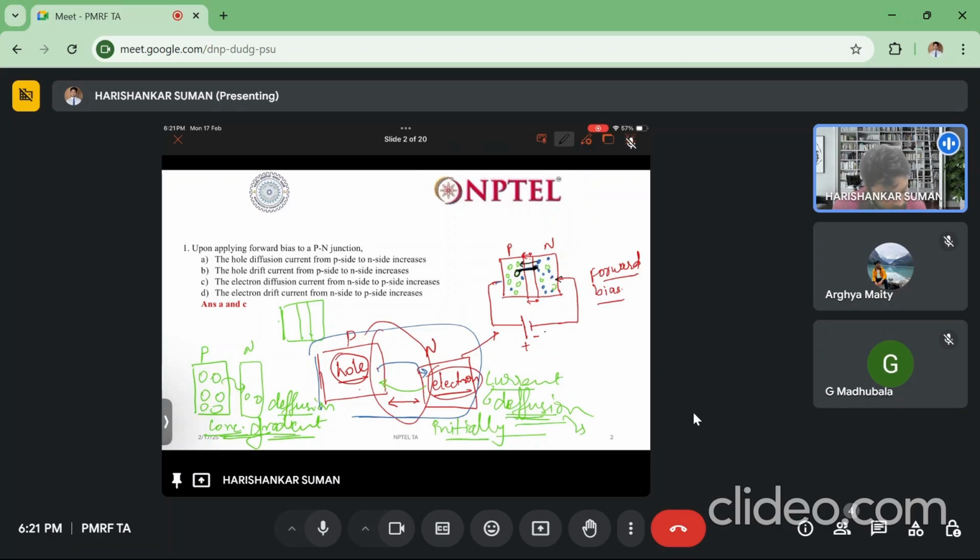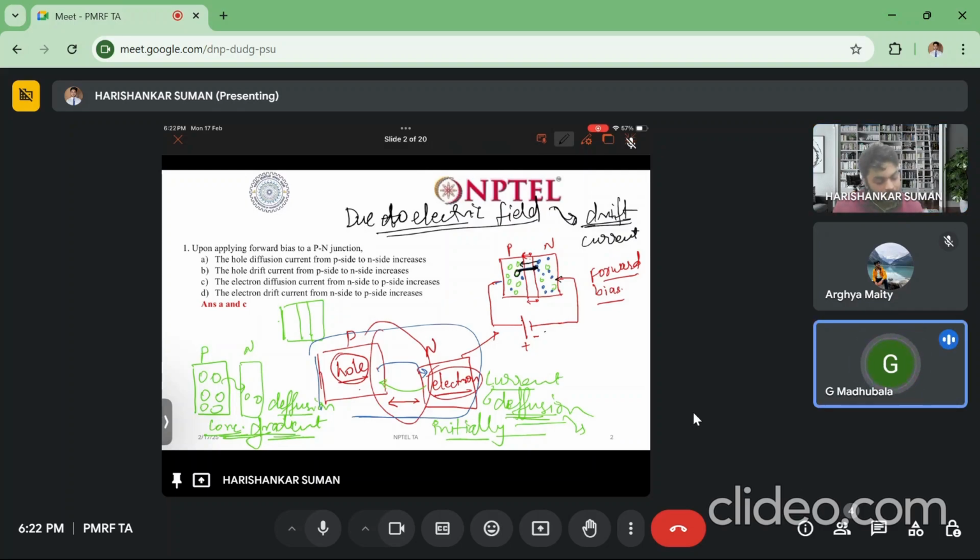So due to the applied electric field, if electrons and holes move, this current is known as drift. Clear?